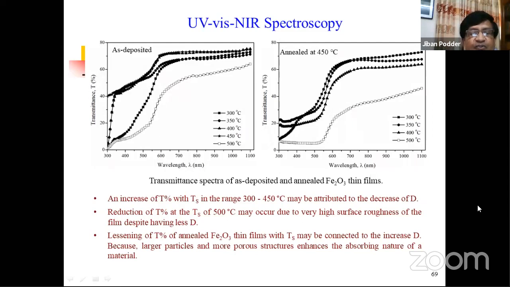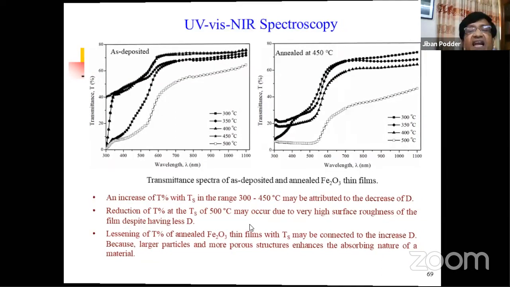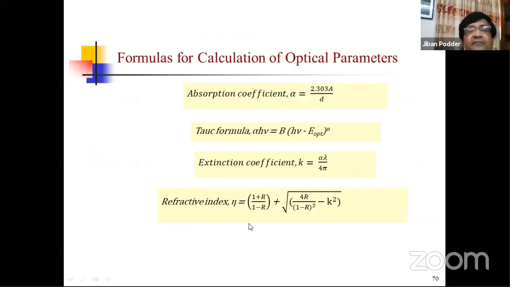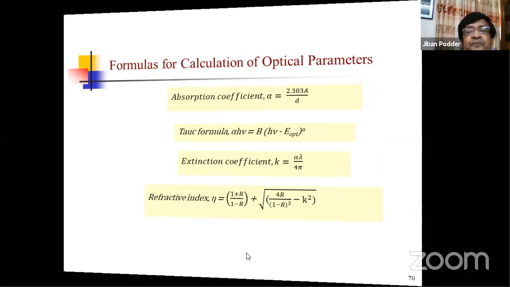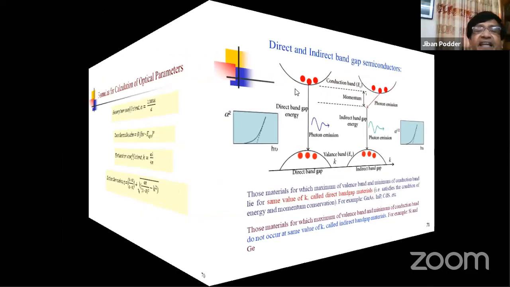The reduction of transmittance at around 500 may occur due to the high surface roughness of the film, despite the smaller grain size. These are the absorption coefficient and extinction coefficient that we can calculate, and here you see the direct and indirect bandgap mainly.